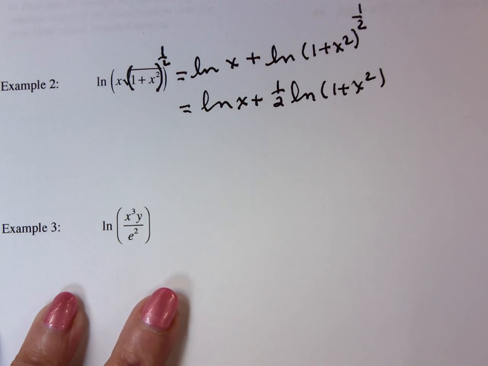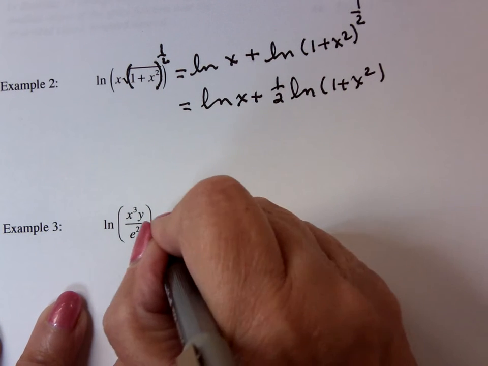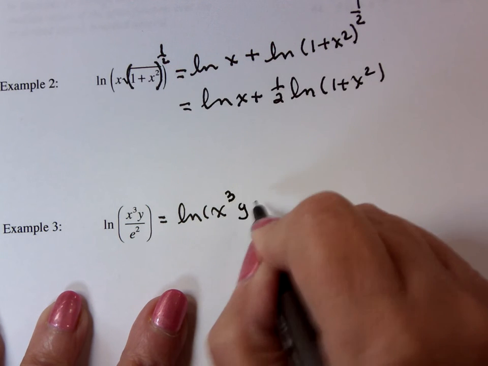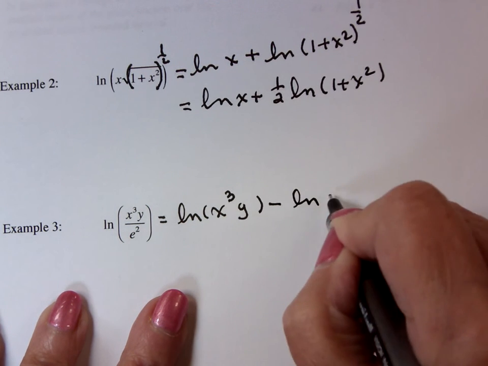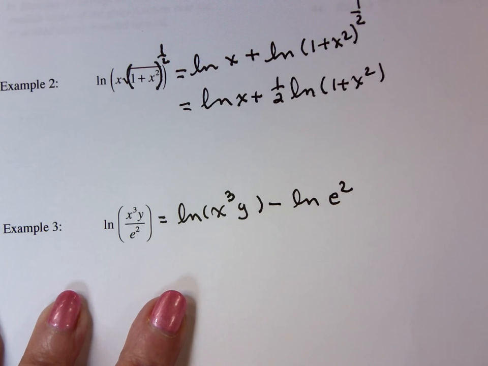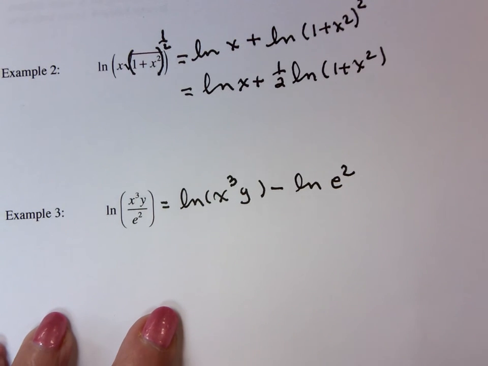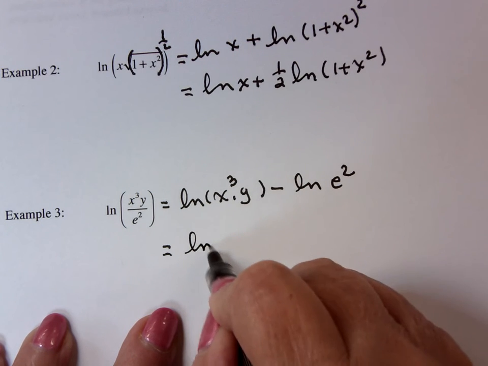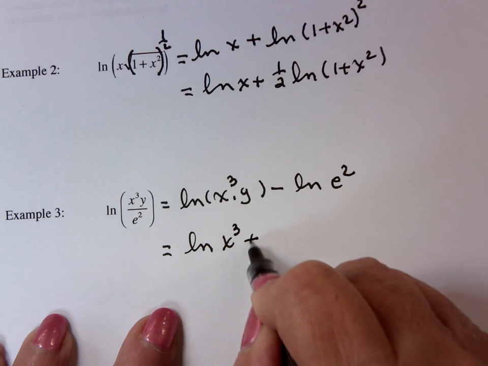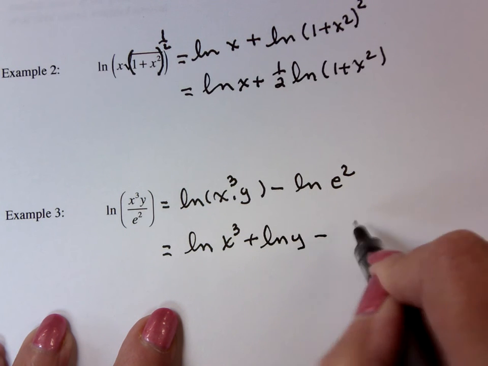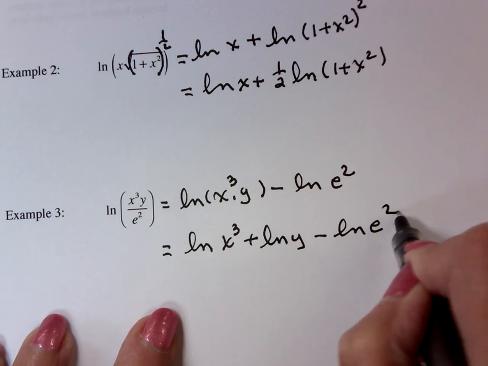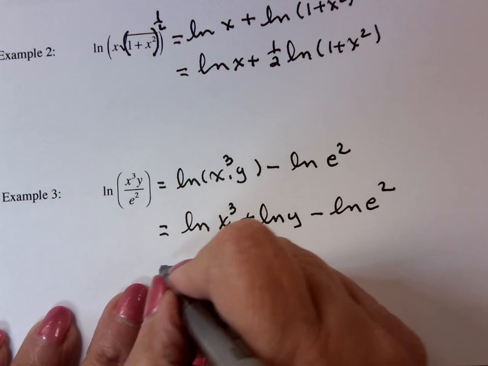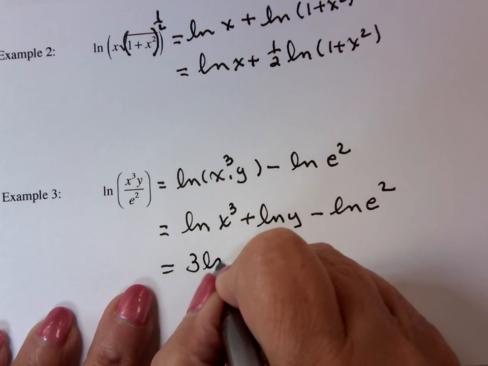And then here's this guy. Well, natural log of the numerator minus the natural log of the denominator. This is a product, and a product turns into a sum. Bring the exponents down.